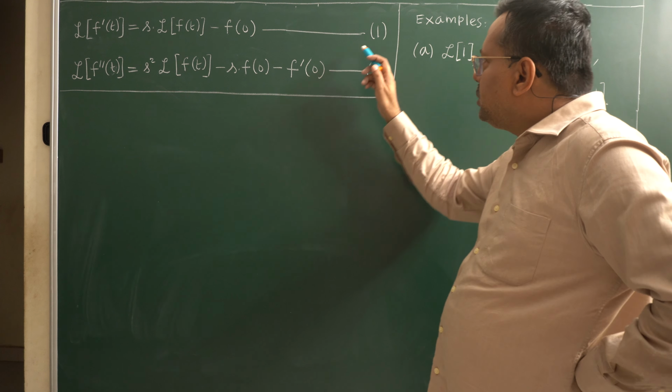Now here you have to be careful: don't substitute Laplace transform of 1 equal to 1 by s. You know the result, right? What is Laplace transform of 1? 1 by s is the value. Don't substitute that. If you substitute, then what is the point here? The question is to find these values. If you are already substituting 1 by s, you already know the result, so there is nothing to find.